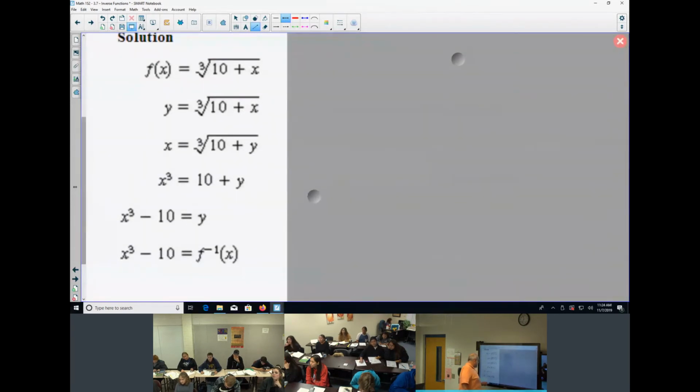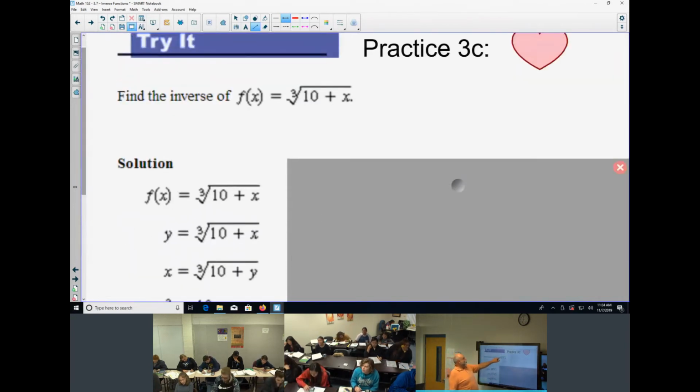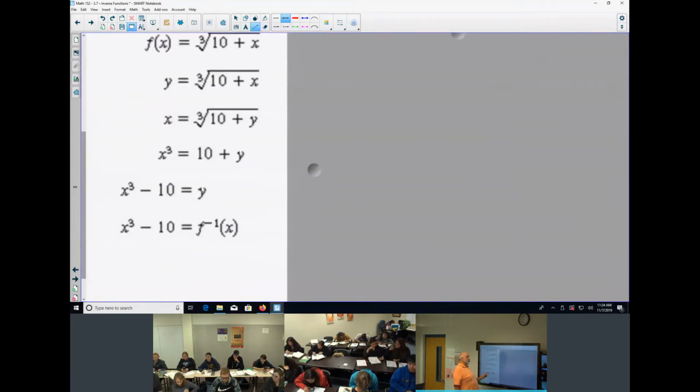All right, good. X cubed minus 10. So again, you're going to put in your calculator y equals x, y equals the cube root of 10 plus x, and y equals x cubed minus 10. So put those in and see if you get symmetry.